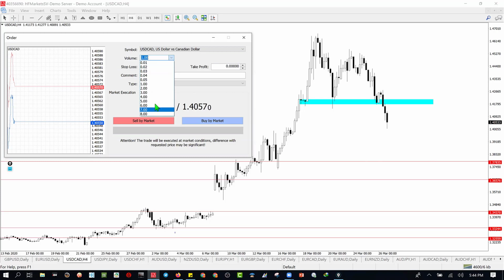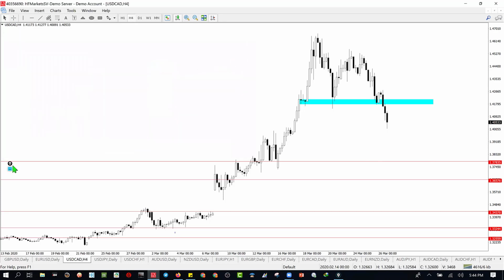So the smallest size, what it simply means is, we have 0.01, 0.02, 0.03, up to 0.10.